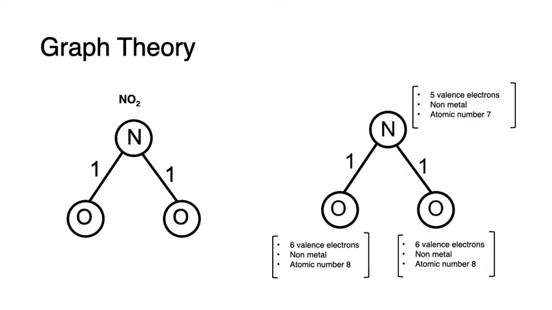For the nitrogen atom, it has 5 valence electrons, it is non-metallic, and it has an atomic number of 7. Similarly, oxygen has 6 valence electrons, is a non-metal atom, and has an atomic number of 8. So we can say that a node consists of its label and its features. Similarly, the edges also can be labeled.